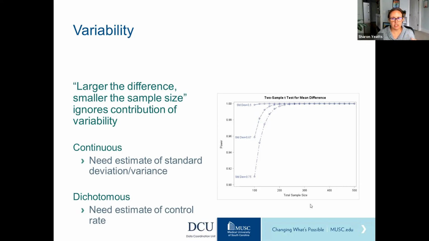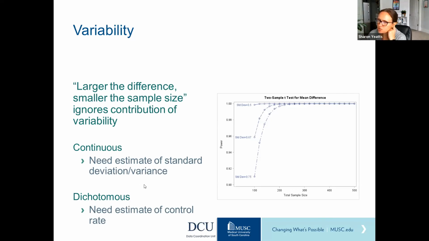So if you're looking at a continuous outcome, then variation is described by an estimate of the standard deviation or the variance. If you're looking at a dichotomous or a binary outcome, then what we really need to understand the variability in that outcome is an estimate of the proportion of subjects with the outcome in the control group that you're going to study. Okay, so this is looking at the continuous example.